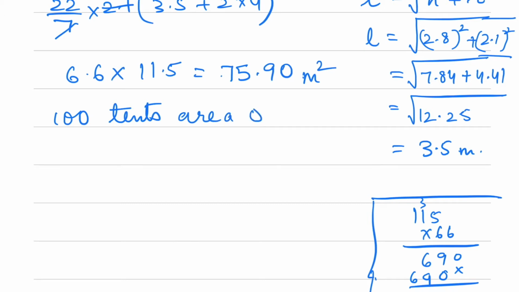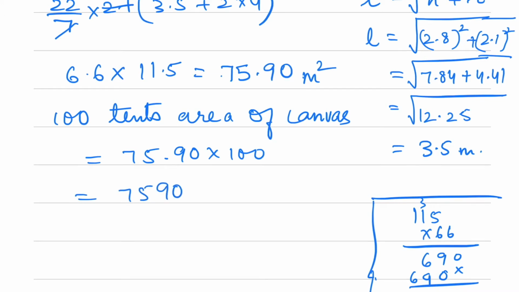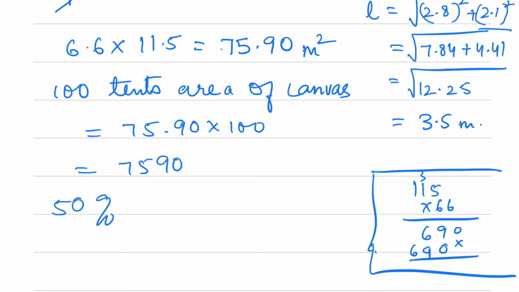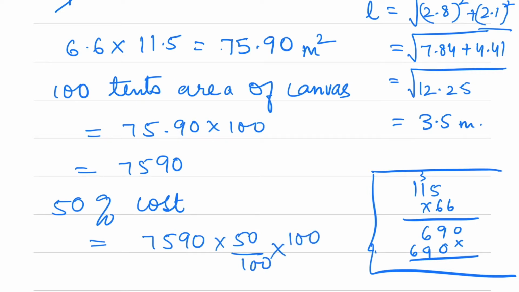Area of canvas will be equal to 75.90 into 100. So this will be equal to 7590. So 50% cost will be equal to 7590 tents and 50% will be 50 by 100. Cost is rupees 100 per meter square.